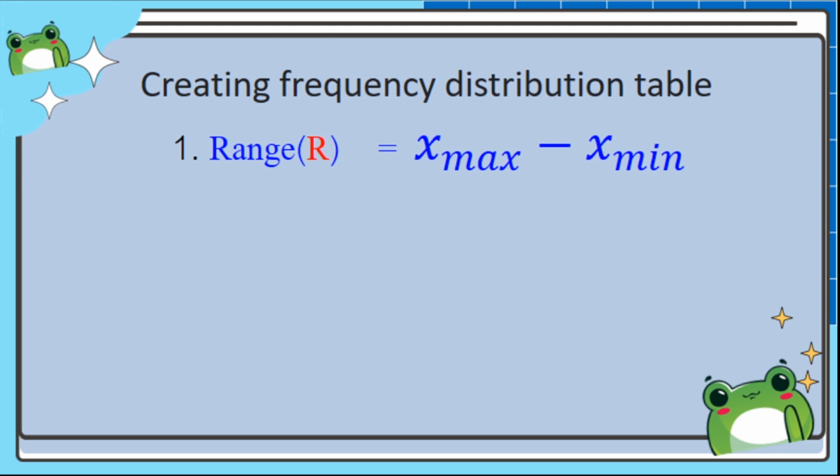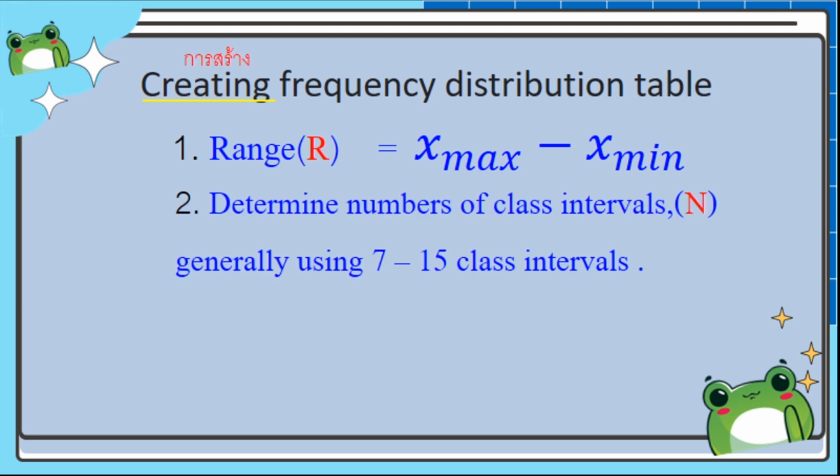For the first step, students should find the length from the formula: the difference between the highest value and the lowest value, or x maximum minus x minimum. The second step, determine the number of class intervals, generally using 7 to 15 class intervals.